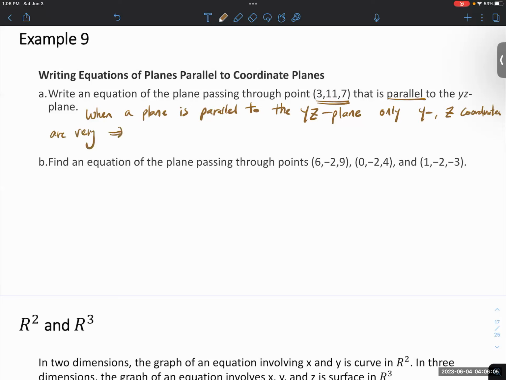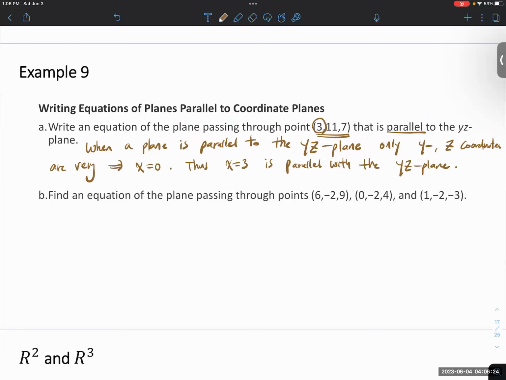That means X is fixed, and thus we have X equal to 3, which is parallel with the YZ plane. Does it make sense to you?